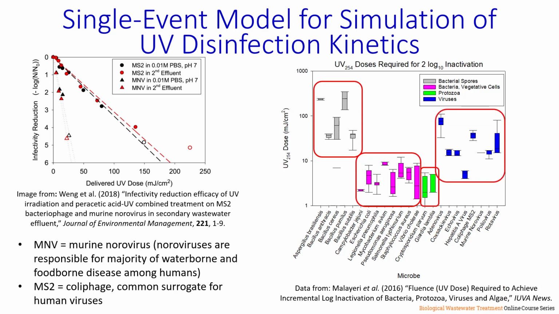And then lastly, the blue bars illustrate reported behavior among waterborne viruses. Here you'll see that there is a fairly broad range of responses, with, for example, the adenoviruses being fairly resistant. But generally, we can use UV to inactivate essentially any microbial or viral pathogen.